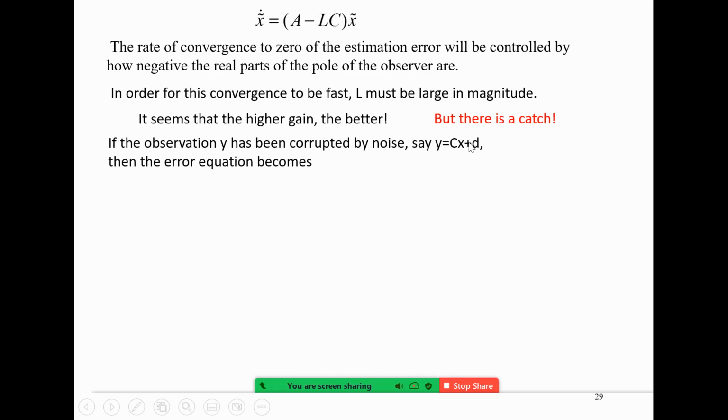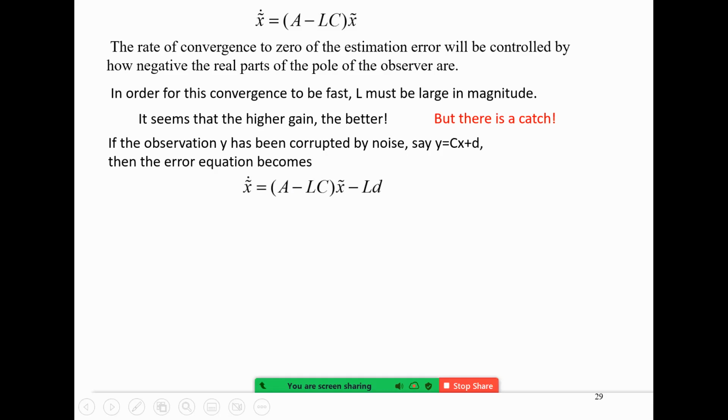If we plug this expression into the equation, then easily we can get the equation for the estimation error. This estimation error X2 not only depends upon X2, it also depends upon the observation noise.